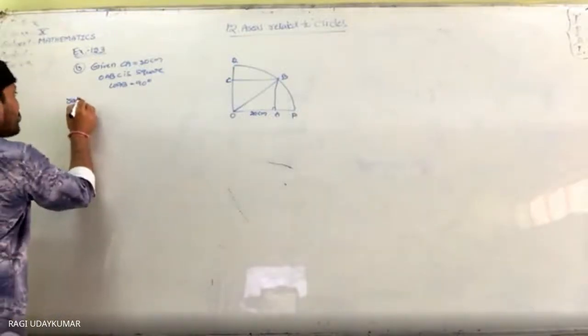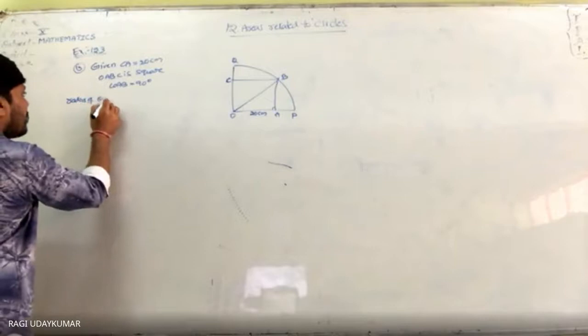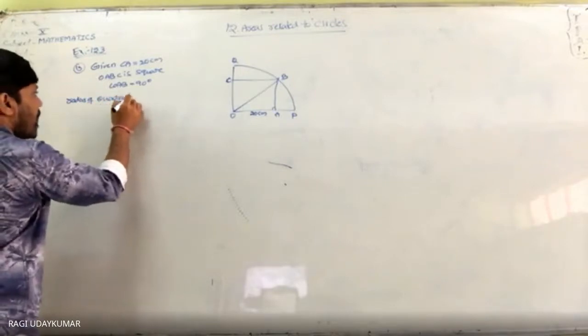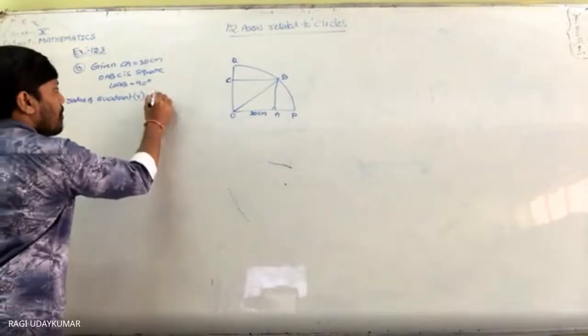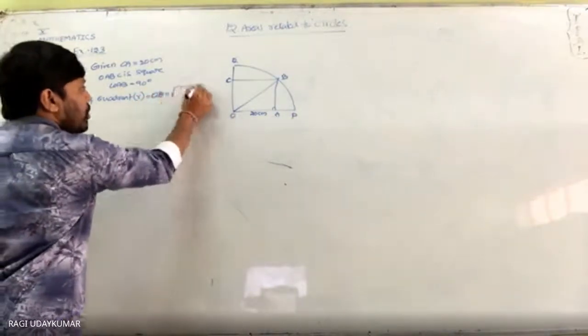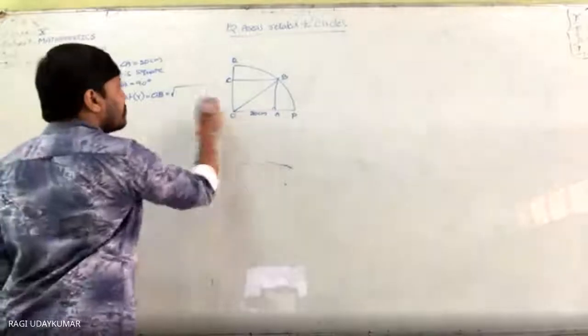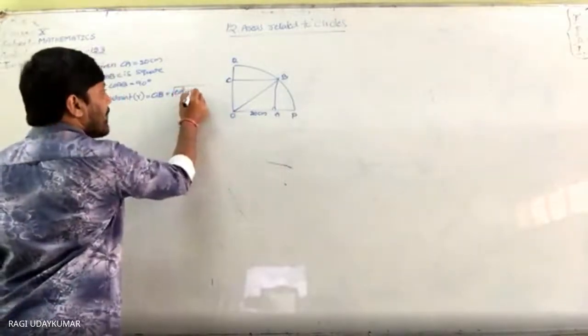The radius R is equal to OB, and OB is equal to the square root of OA squared plus AB squared.